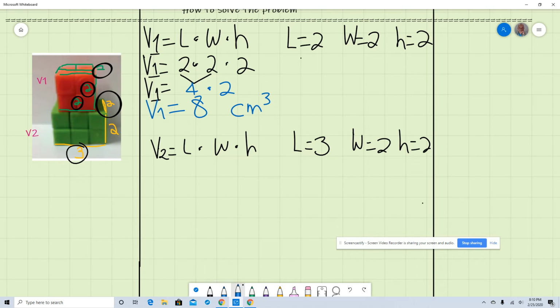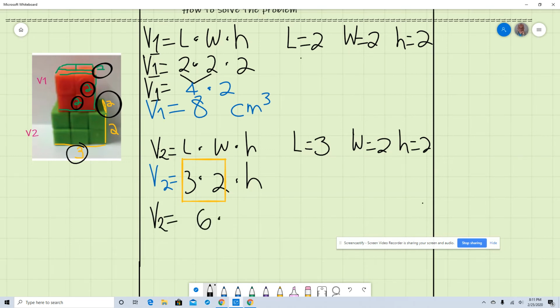Let's plug in our numbers. Volume 2 equals 3 times the width, 2, times the height. So we're going to get the area first. Remember, these two numbers represent the area. So volume 2 equals 2 times 3 equals 6 times the height.